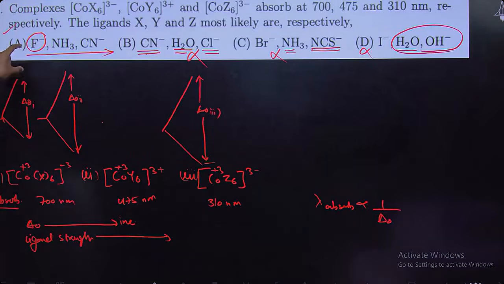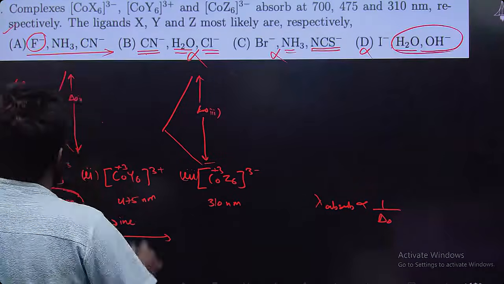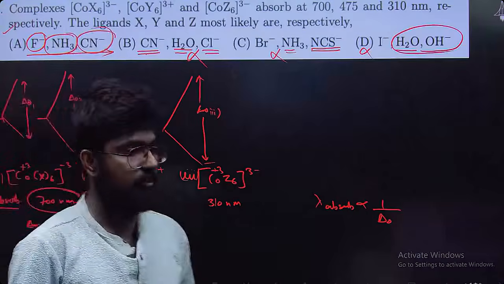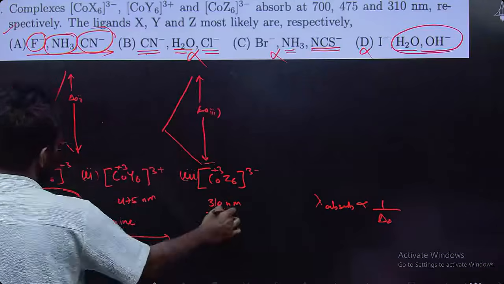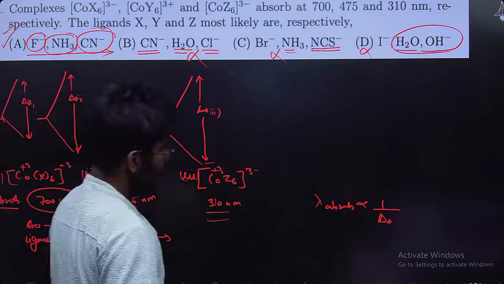It will have the lowest del O and the highest nanometer absorption, followed by NH3, which is relatively stronger, and followed by CN minus, which is the strongest ligand that will give you the maximum del O and minimum absorption of lambda. So this is the correct option, and this is how this was supposed to be done.